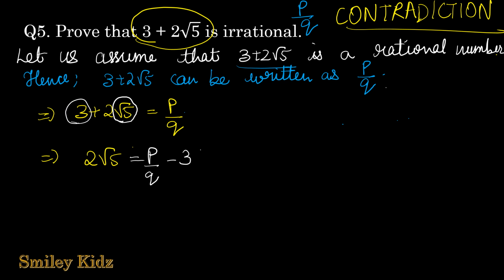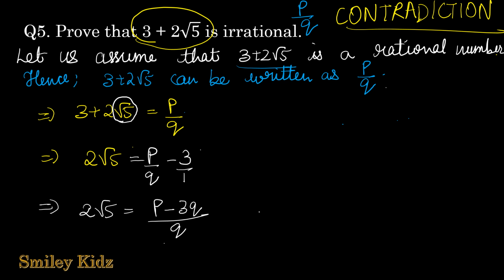I have just sent this plus 3 over from my LHS to RHS. When this is happening, plus 3 will change into minus 3. Now, we're going to take out the LCM of this, right? So, 2 root 5 is equal to P minus 3Q upon Q. On taking LCM, we get this, isn't it?